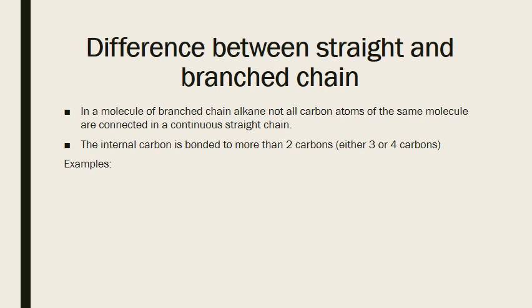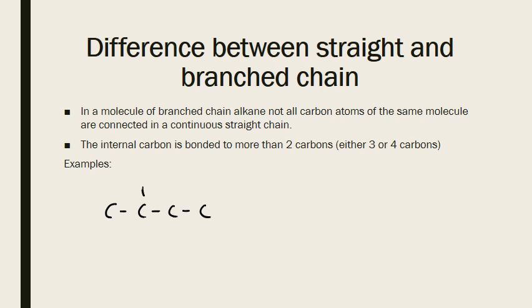So, the difference between straight and branch chain. In a molecule of branch chain alkane, not all carbon atoms of the same molecule are connected in one continuous straight chain. The internal carbon is bonded to more than 2 carbons, so either 3 or 4 carbons. For example, we've got butane. Straight chain, 4 carbons. This is known as butane.